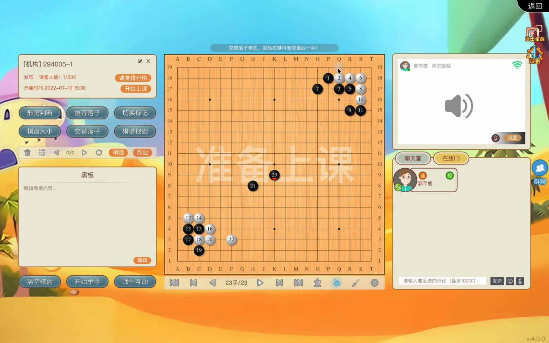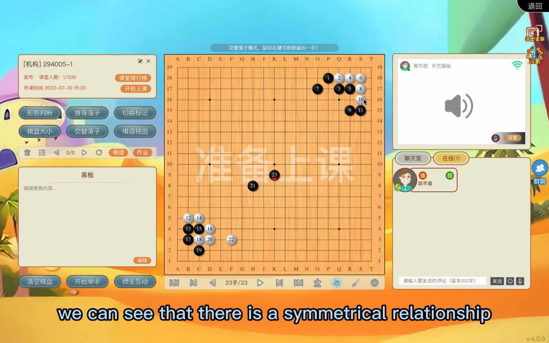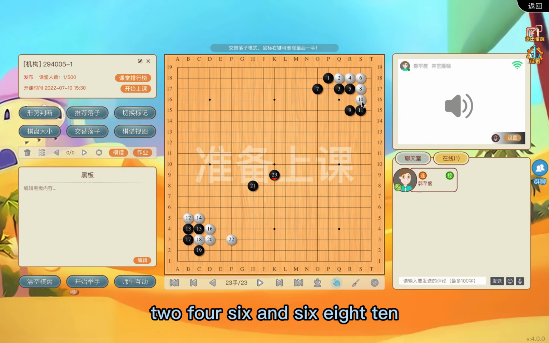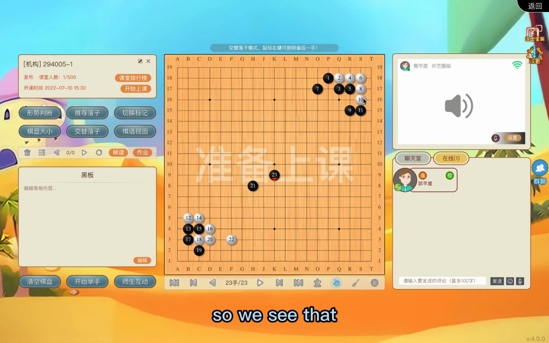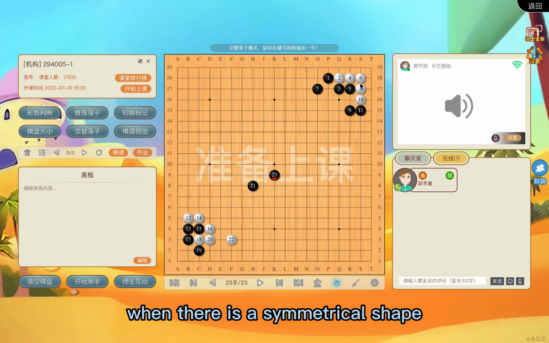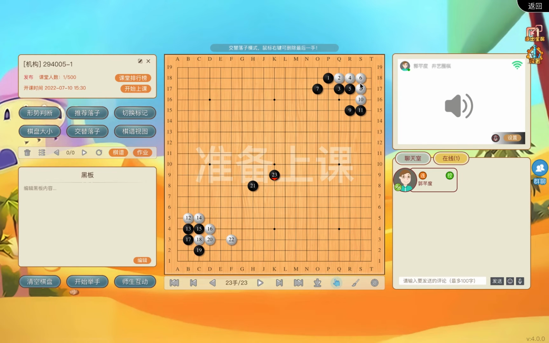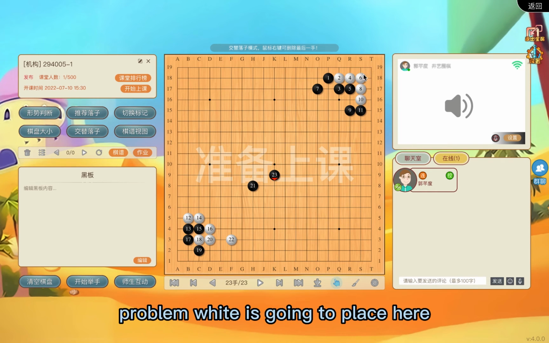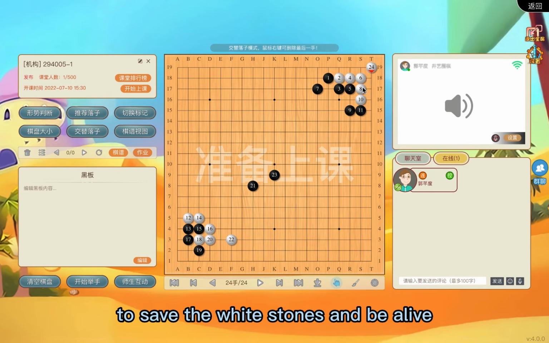Well, here we can see that there is a symmetrical relationship between this 2, 4, 6 and 6, 8, 10. So we see that when there is a symmetrical shape, placing at the middle is the way that the white can live. For example, at this problem, white is going to place here to save the white stones and be alive.